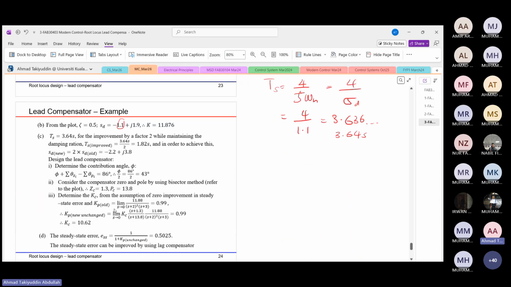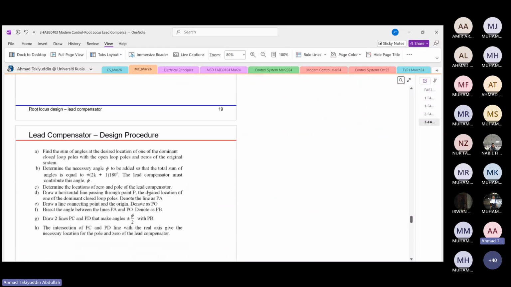So this will be the design procedure. Let's get back to the procedure that we have here. We need to find the dominant closed loop poles. That will be the first step.